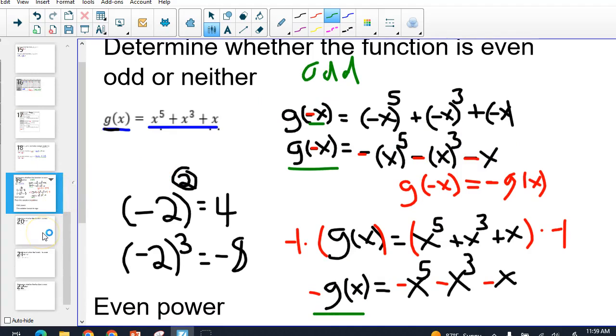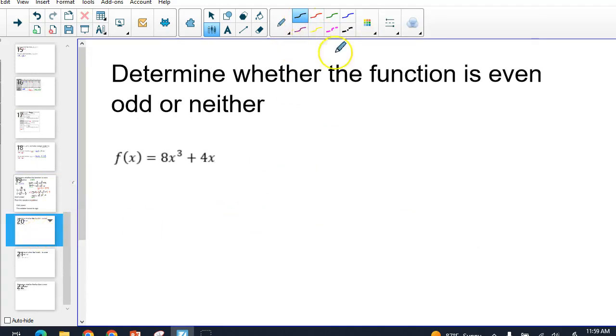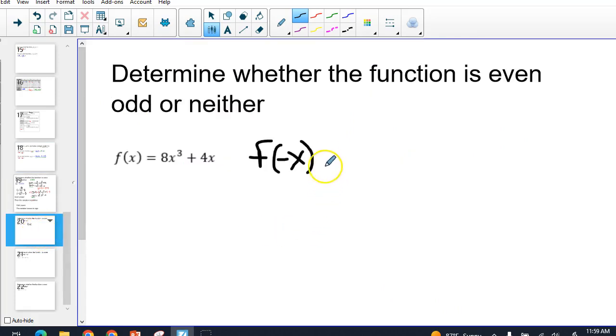Okay, let's do another one. So we have a function, and we want to determine if it's even, odd, or neither. So we take our f of x, and we're going to plug in -x. The reason we're doing this is we want to see if we can find either of these patterns. If either of these patterns comes up, we have an odd or an even function. But if neither pops up, then it's neither.